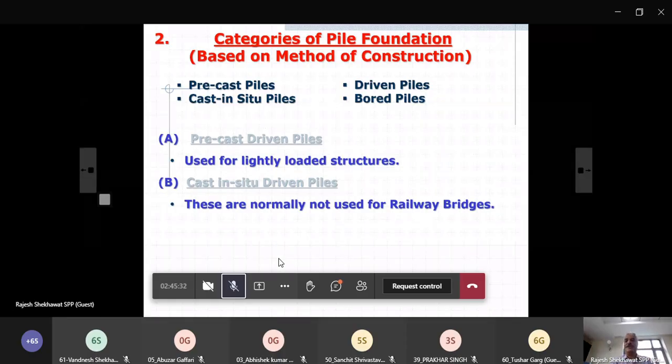The ties you had fixed, how do you ensure exact cover? How do you ensure the exact alignment of reinforcement? That is likely to be disturbed. So again, this is used for some lighter structures or not very deep piles, but they are not commonly used for railway bridges. Okay.